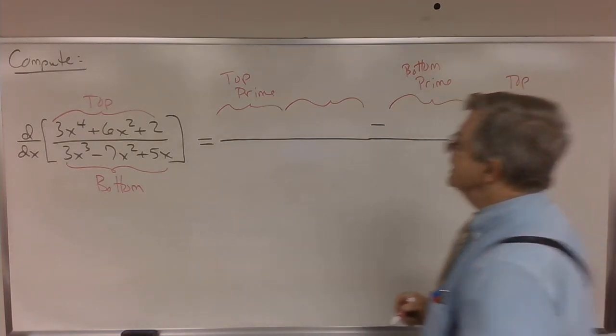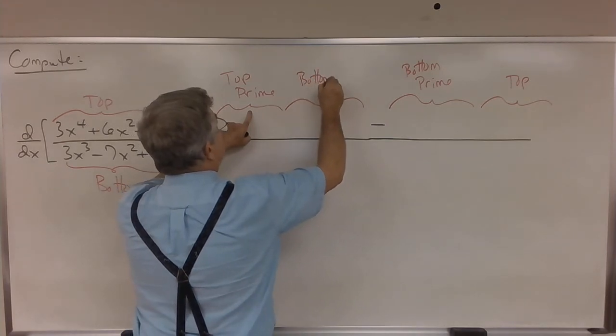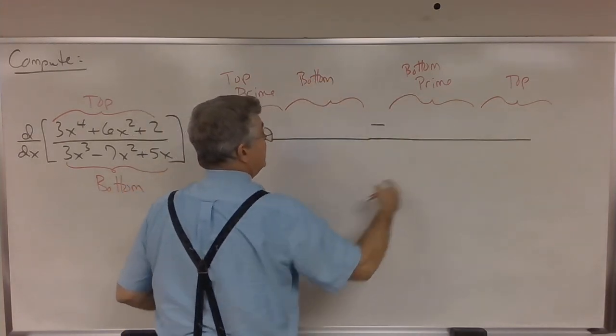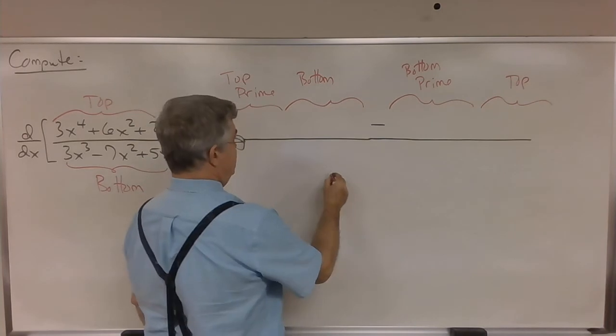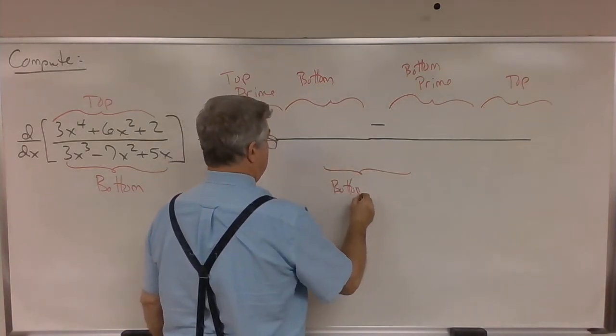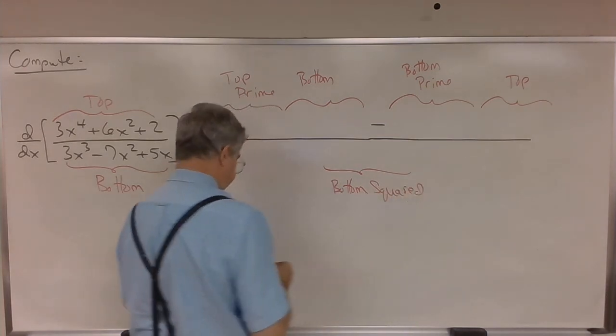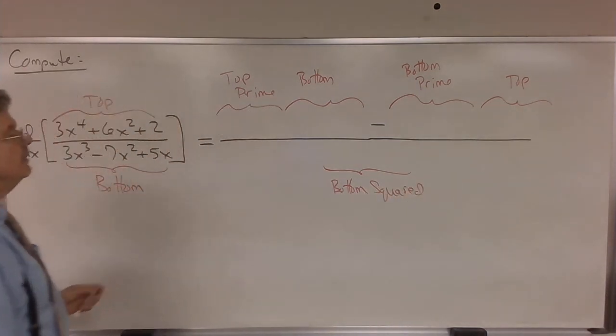Let's see, did I do it right? Top prime times the bottom minus bottom prime times the top. Looks good. All over the bottom squared. Looking good.